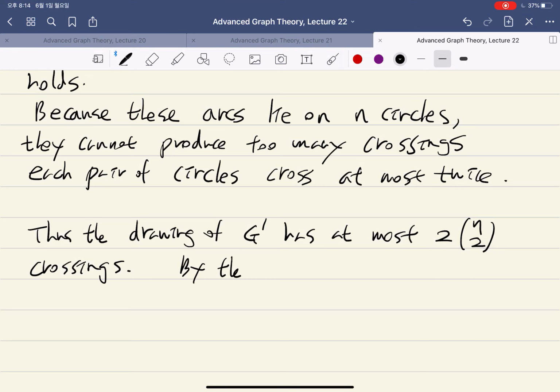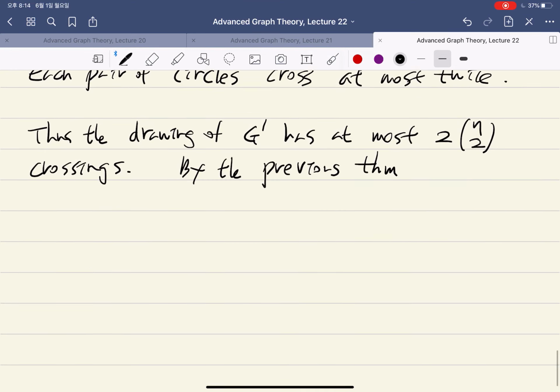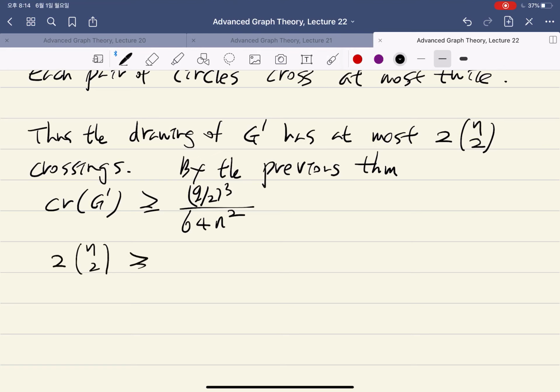Then, by the previous theorem, what do we know? The crossing number of G prime is at least (Q over 2) cubed over 64n squared. So we have that 2 times n choose 2 is at least (Q over 2) cubed over 64n squared.